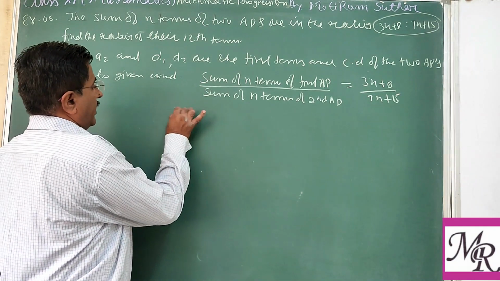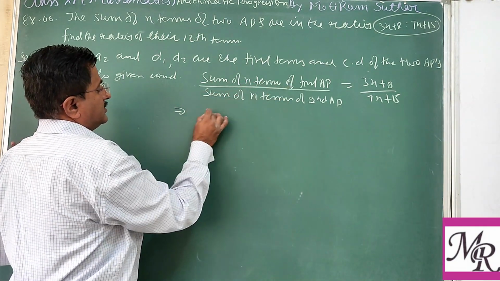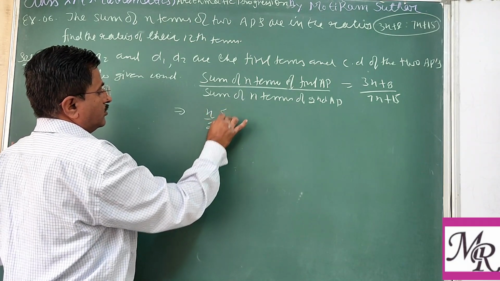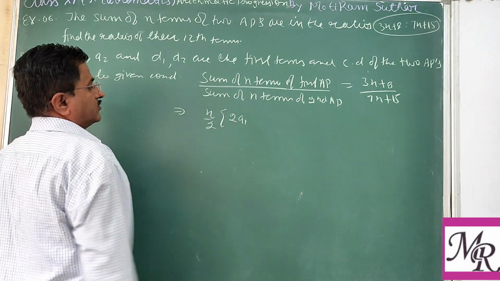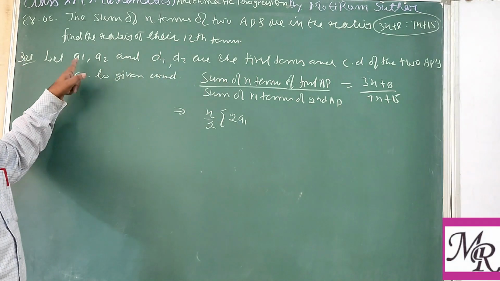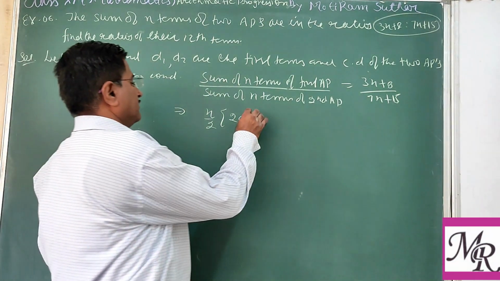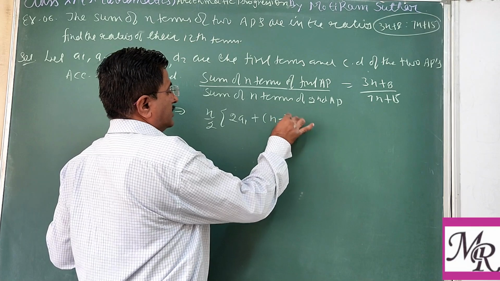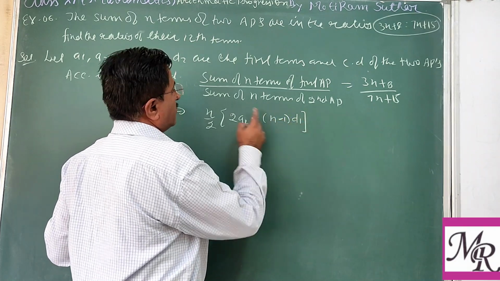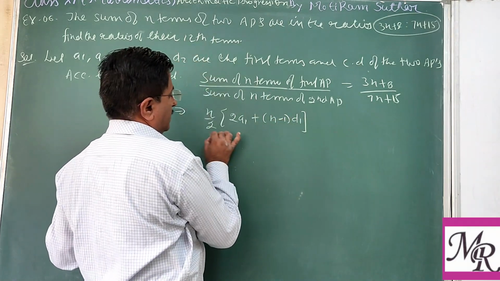So you know that the sum of n terms is n by 2 into 2 times the first term, so for the first AP, A1 plus n minus 1 times the common difference D1.